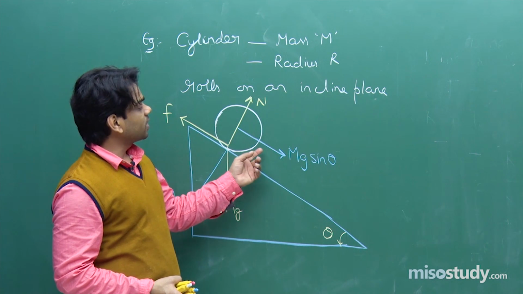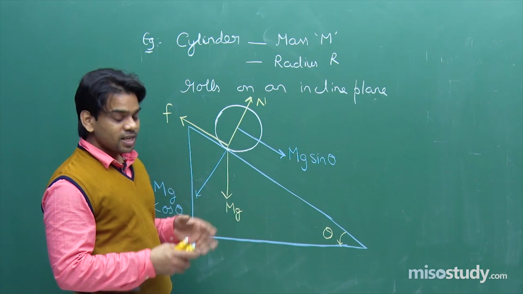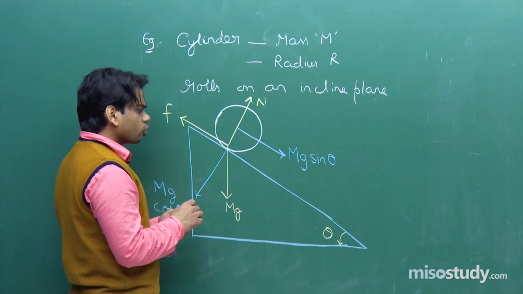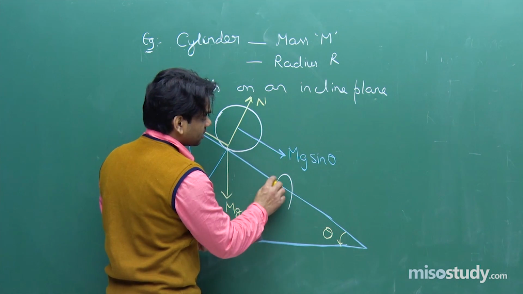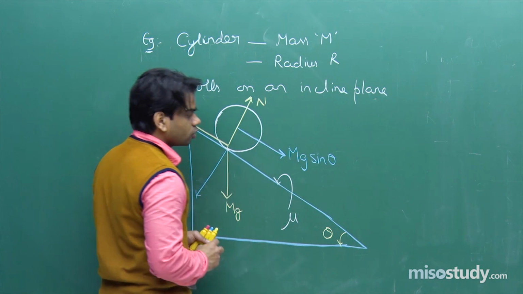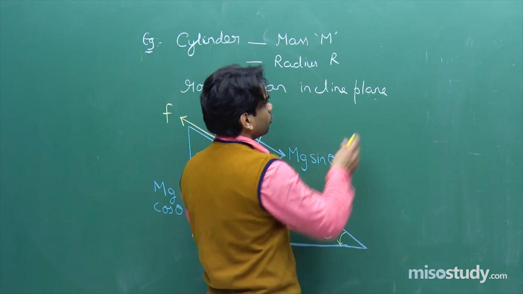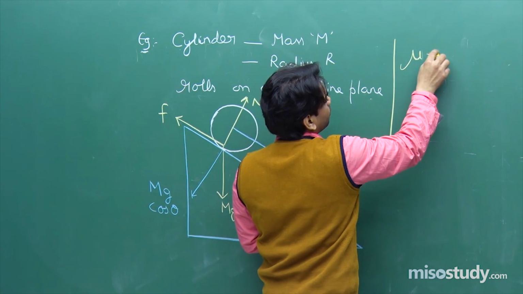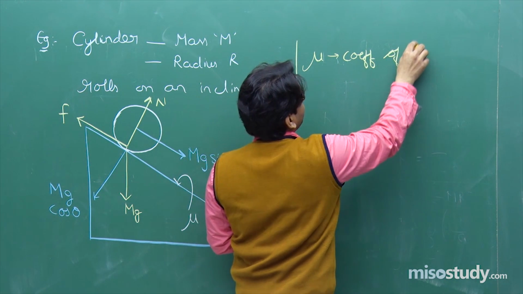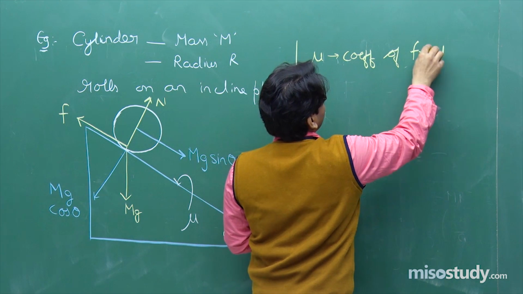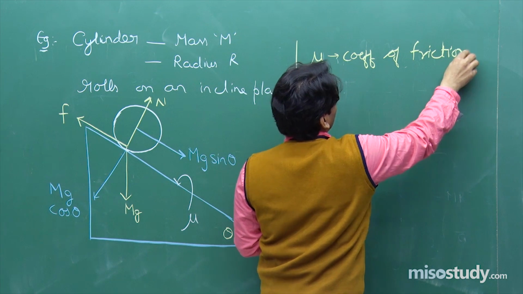For the linear motion, we have to consider mg sin theta and the friction force. Let's say the coefficient of friction between the two surfaces is mu. I will write it separately so that you may make it out: mu is the coefficient of friction existing between the two surfaces.